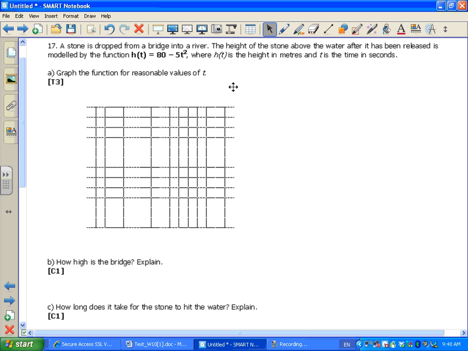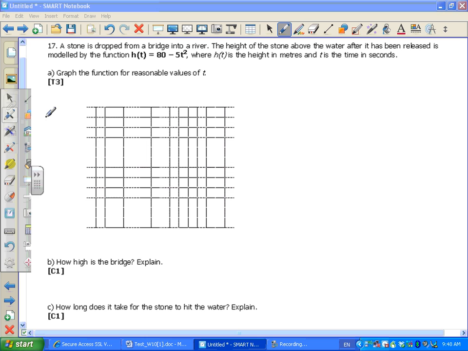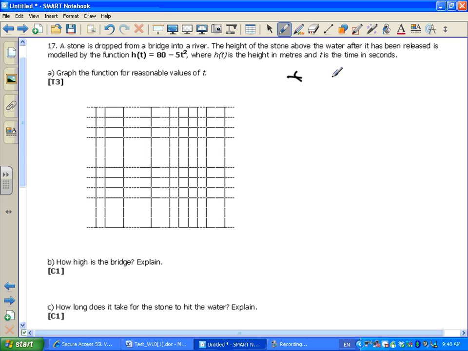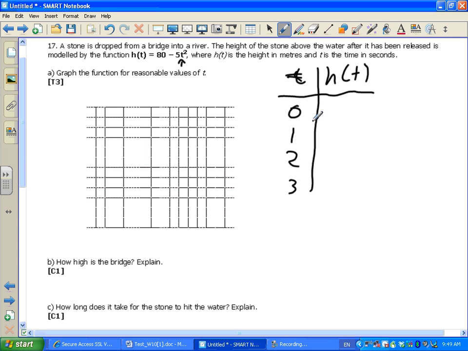So instead of making an xy table, which is what you would have done on this, you would have had t and h(t), and made a table for values of t at 0, 1, 2, 3, and solved by plugging those values into the t in this equation. A faster way to do this, because we now know vertex form, is to figure out how high the bridge is.